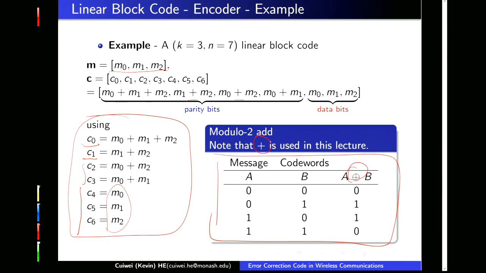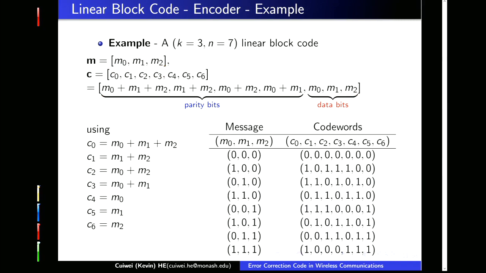If we write them into a sequence, it looks like this. The last 3 bits are the data bits, and the first 4 bits are the parity bits, and each is a combination of the message sequence.